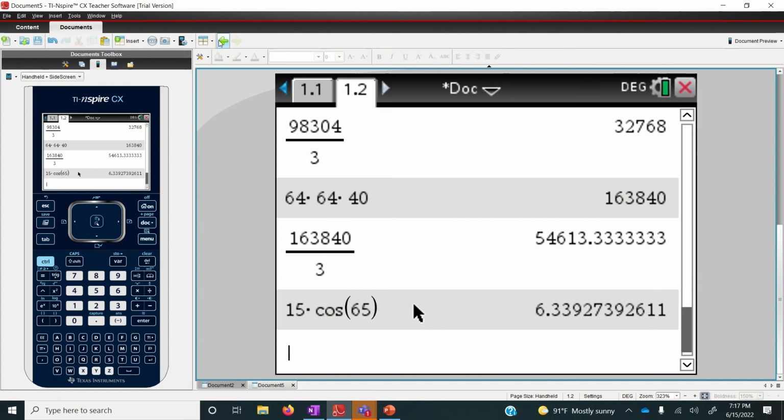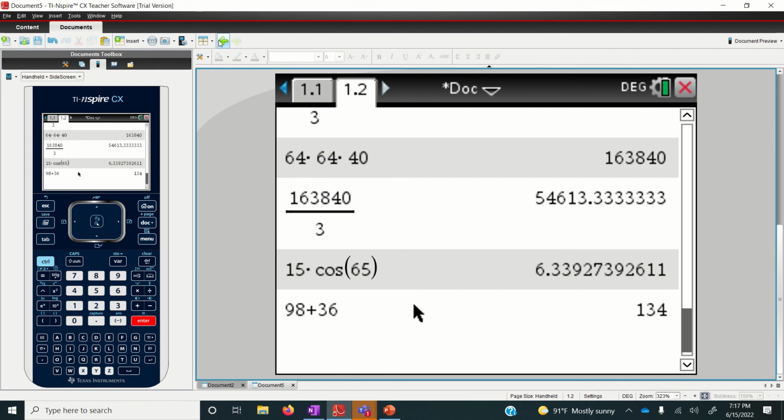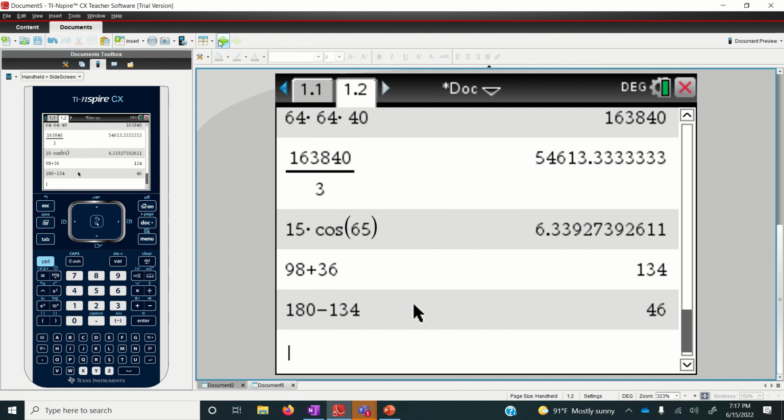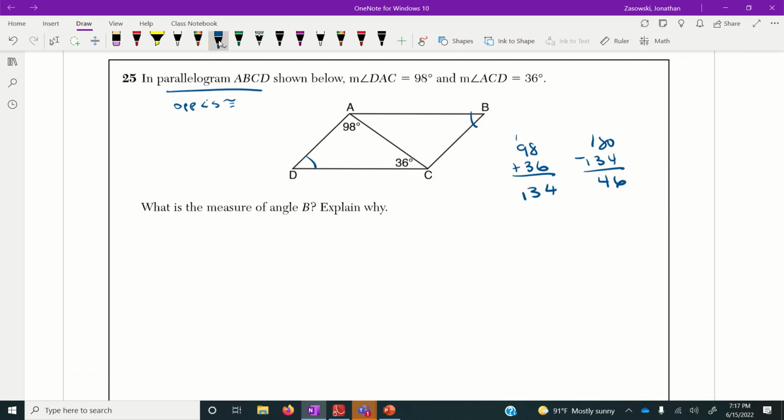And then I'm getting a little tired here, so we're just going to double check. 98 plus 36, 180 minus. All right, we're good. So we know that this is going to be 46 degrees, which means angle B is 46 degrees. So we have to say the measure of angle B is equal to 46.